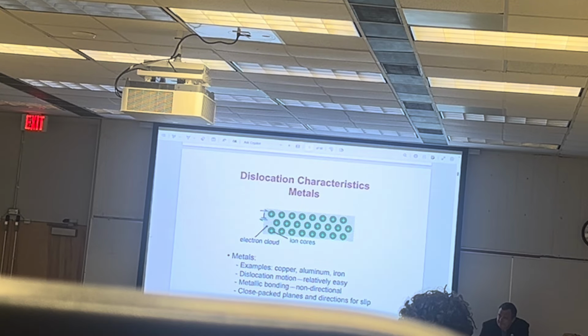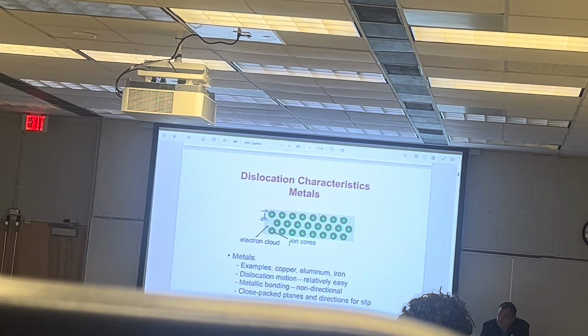Why does it work? It has to do with bonding for metals. And for metals, we have the electron cloud. So those electrons in metals are shared between many different atoms. They're free electrons. That's why metals are conductors of electricity. And here are some examples: copper, aluminum, or iron.